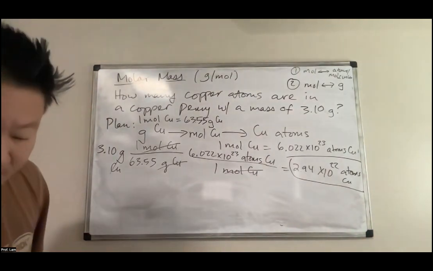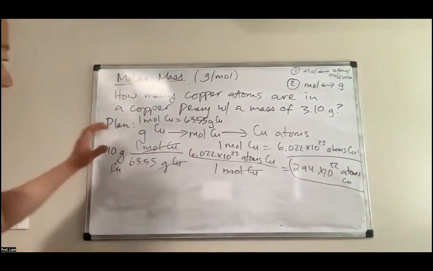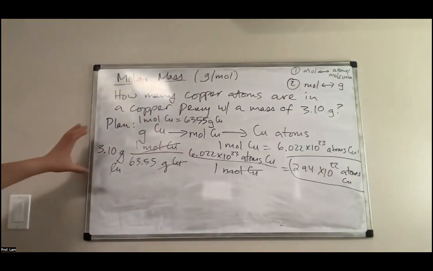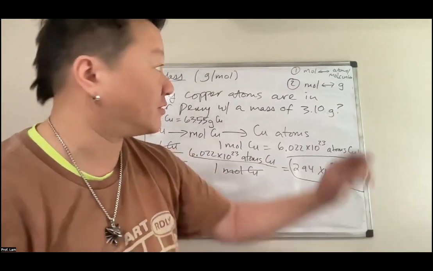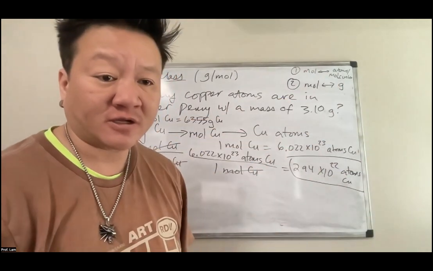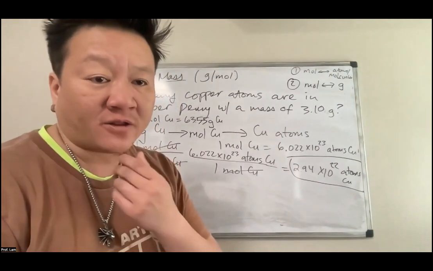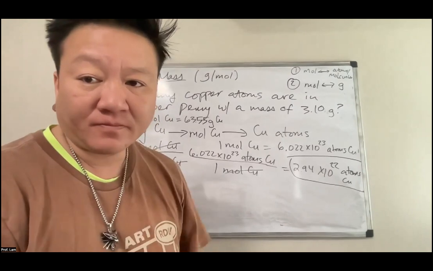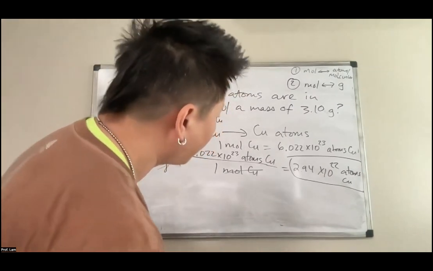Okay. So I want to summarize this for you guys, okay? This is a way of problem solving that you're going to see over and over again in this class. So you need to be able to master using these two conversion factors to answer any kind of question, okay? So I call this the roadmap, okay?